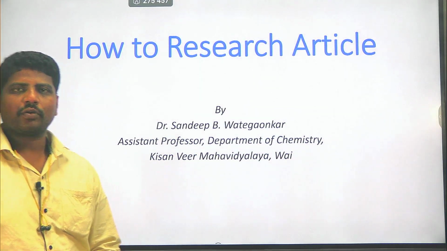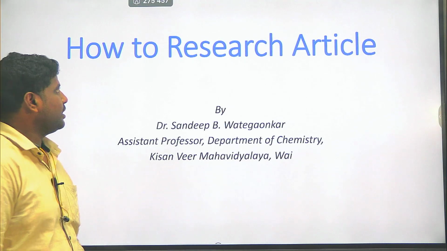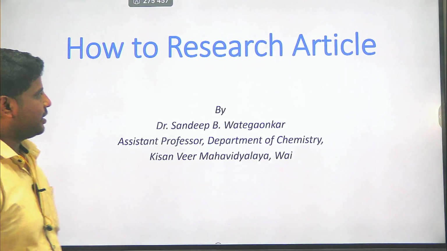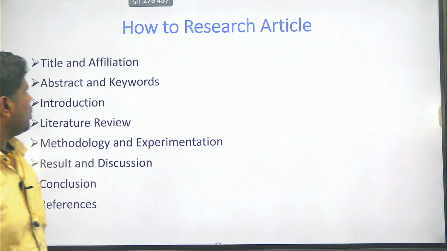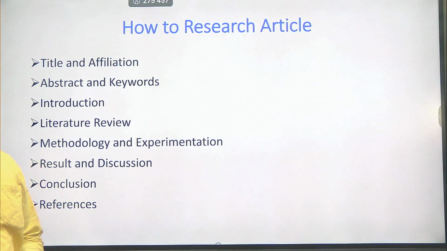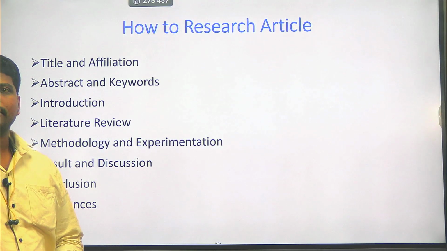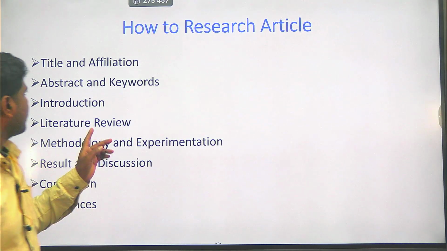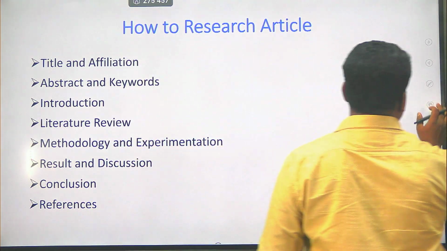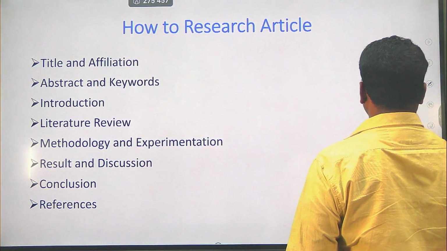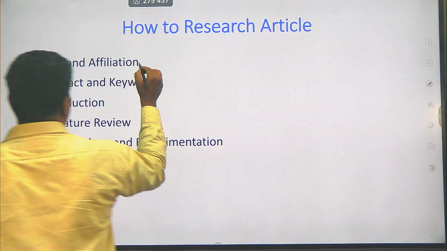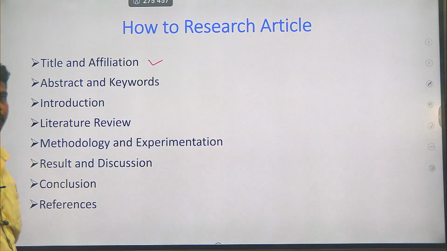Today we are going to start the new topic, that is how to write a research article. The main components to write the research article are: first, title and affiliation.